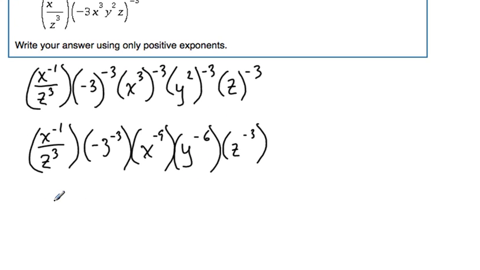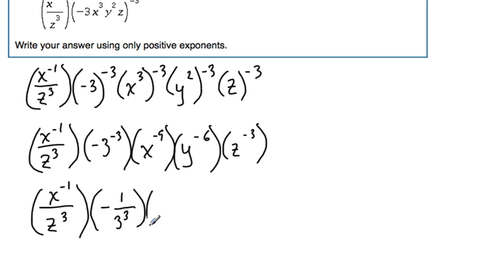All right, so let's continue here. The x to the negative 1, we'll leave that as it is once again, and z to the third, we'll leave that as it is. If you have a negative exponent, what you can do is make it a positive exponent, but you have to take the reciprocal of the base. So the negative 3 to the third is going to become, the negative will still stay there, it's going to become 1 over 3 to the positive third power.